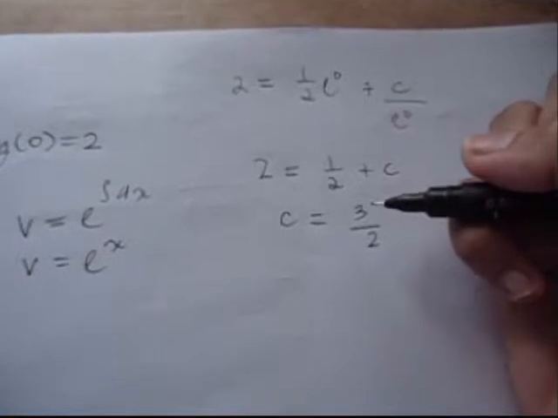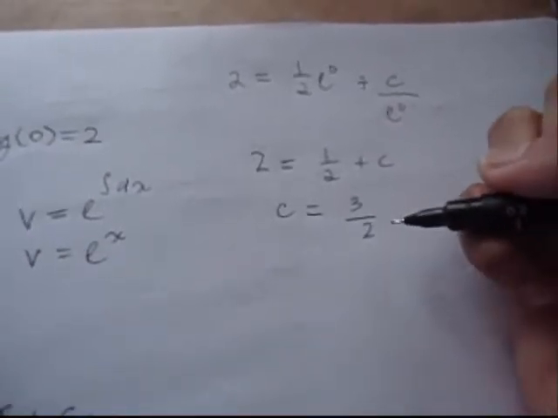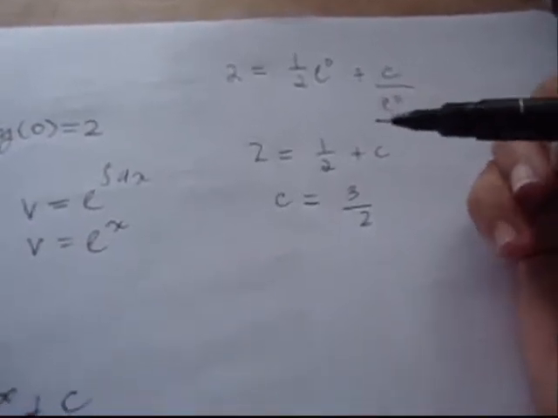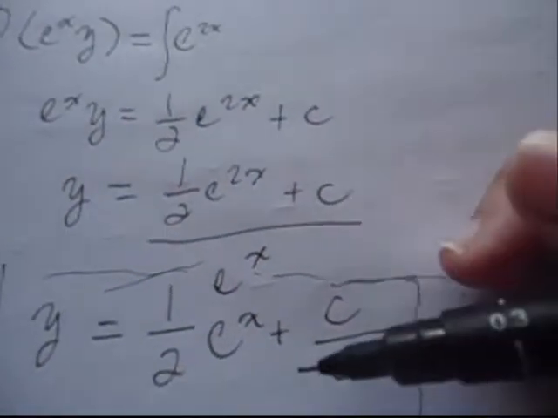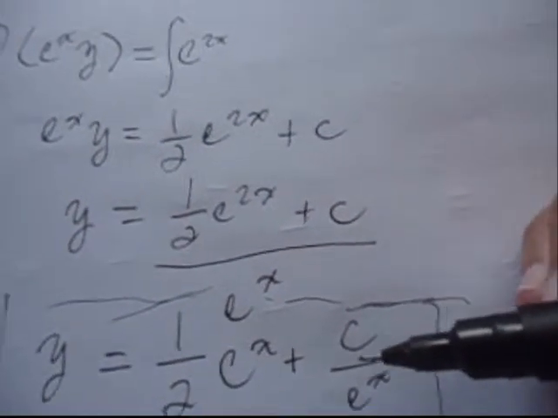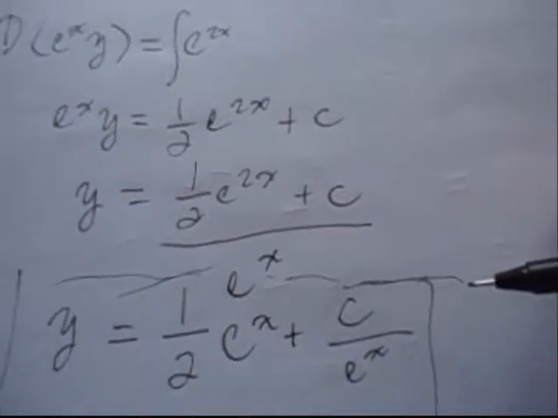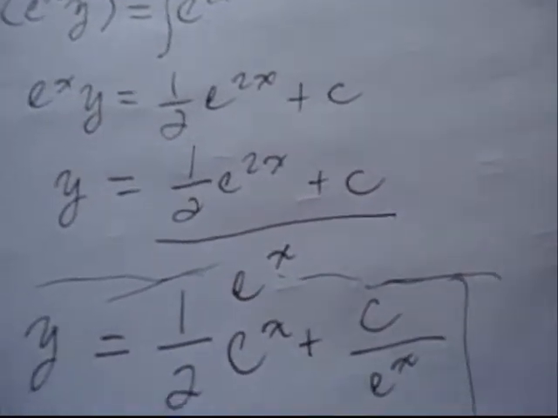And now that we get our c, we can substitute this to our solution, which is y equals 1/2 e to the power of x plus c over e to the power of x.